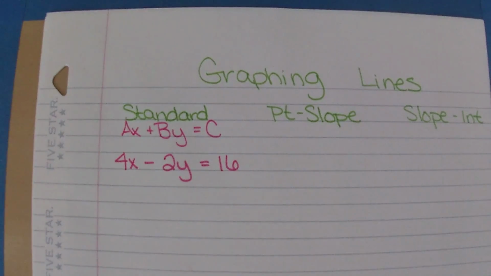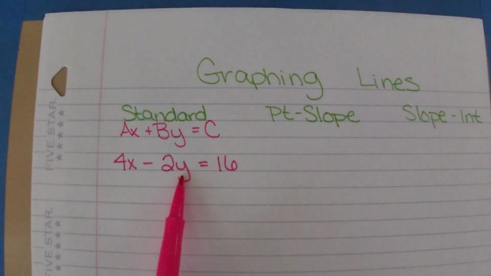Okay, and we said in standard form there were 2 things that we could find. We could find the x-intercept and we could find the y-intercept. And we find that x and y-intercept by plugging in 0 for the variable that we aren't trying to find. So if we want to find the x-intercept, we plug in 0 for y.